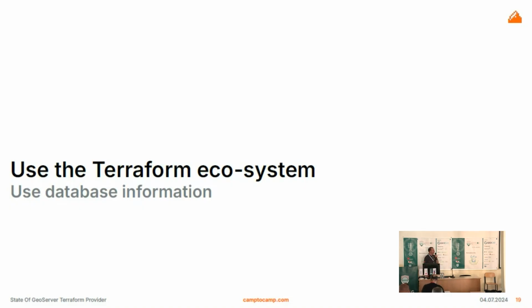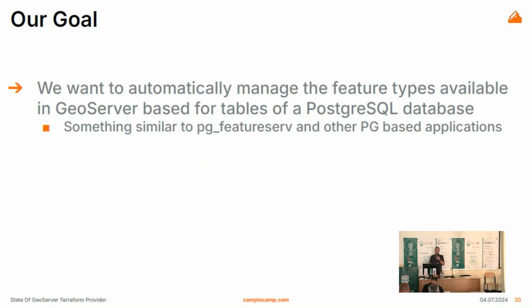We can also use the Terraform ecosystem to improve and simplify our configuration. For example, to use the database information without declaring all the tables you have in your database. So it's what I would like to do. For example, I want to automatically publish into my GeoServer instance all the tables I have on a Postgres database, or a set of tables, without having to declare them.